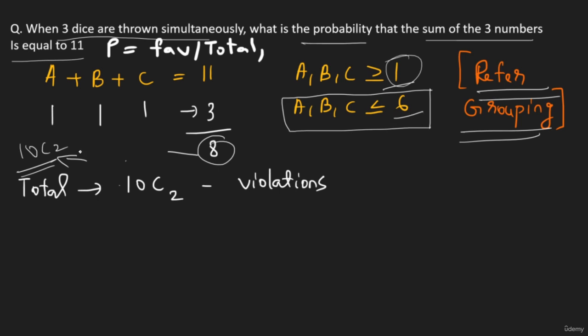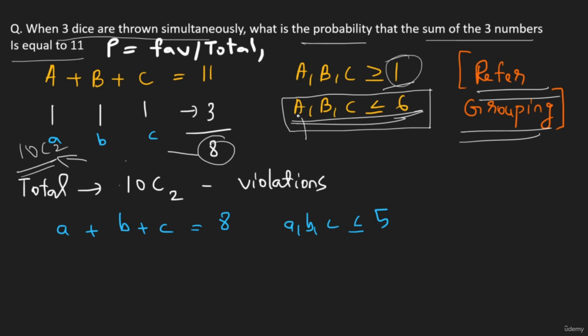Alright, now let me call these 3 as A, B and C, that is the values after giving 1 to each of them. Now we know that A plus B plus C has to be equal to 8, right? And A, B and C have to be less than or equal to 5, because each of these has already got 1. A, B and C has to be less than or equal to 6.